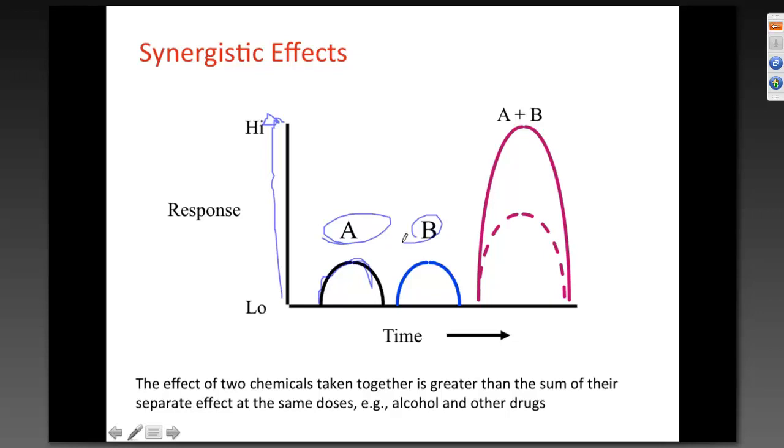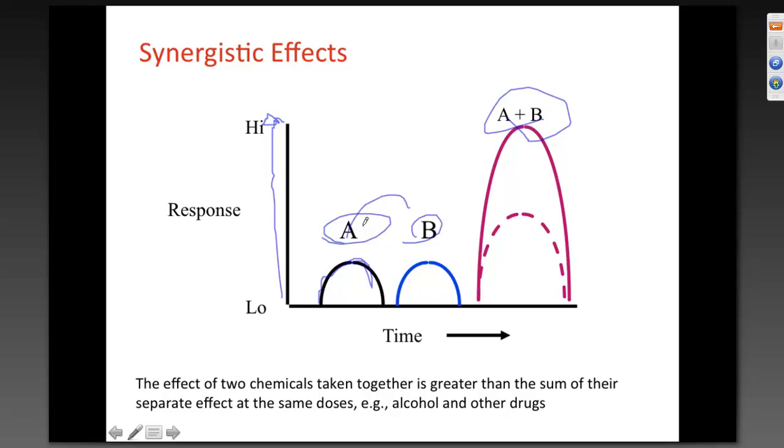But when I take them together, then all of a sudden it decreases my wakefulness by 9, and I just can't stay awake. Okay? So it's not that it was 3 plus 3, right? That would have been additive.